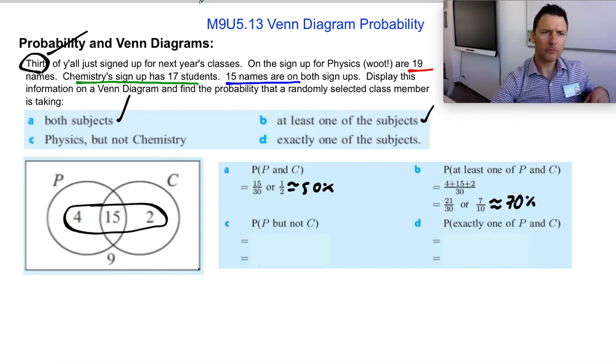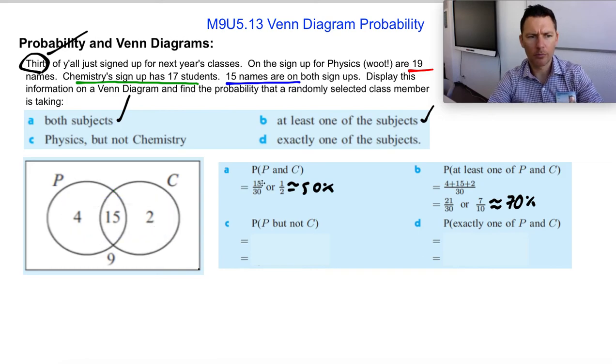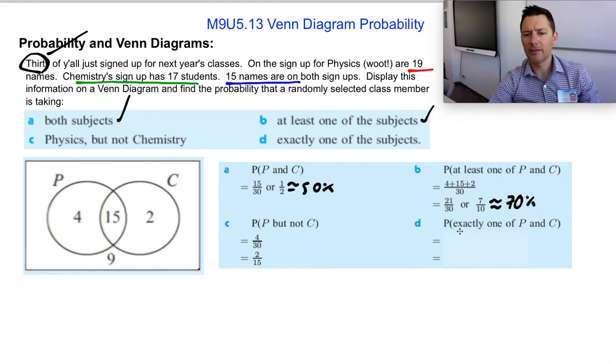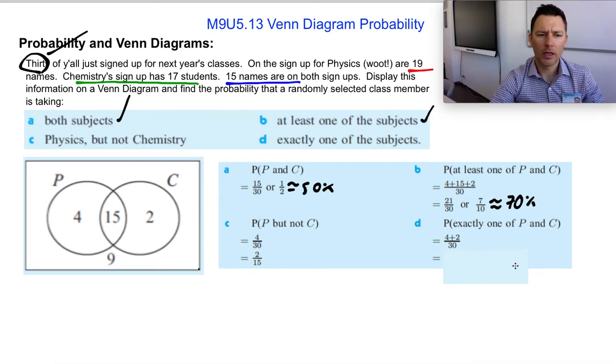All right. Probability that they're taking physics but not chem. Well, physics but not chem is here. So 4 out of 30. So you're just reading it off the graph. 4 out of 30, 2/15, whatever fraction that is, or decimal that is. And then taking exactly one of P and C. Well, exactly one means you're not overlapping.